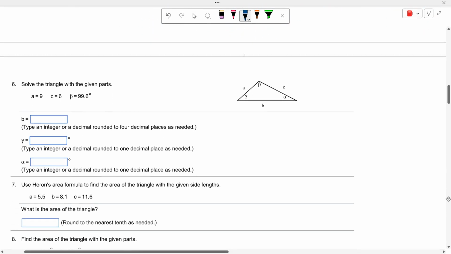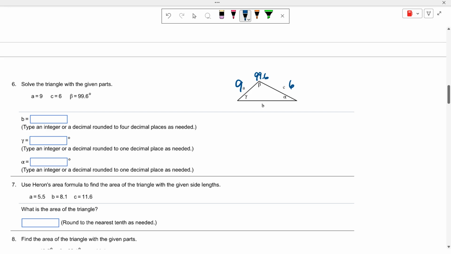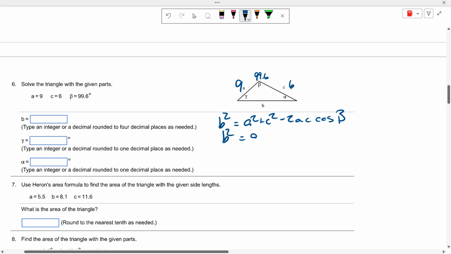If you have side angle side, life is a little easier. To find side B, b squared equals a squared plus c squared minus 2ac cosine of beta. So b squared equals 9 squared plus 6 squared minus 2 times 9 times 6 cosine of 99.6.